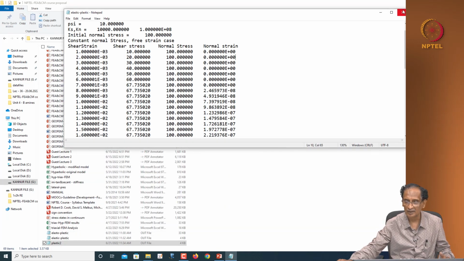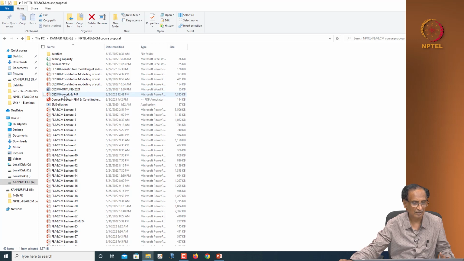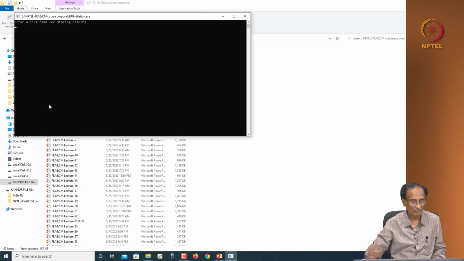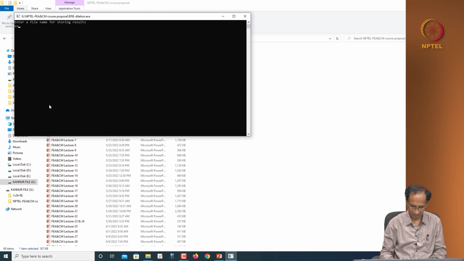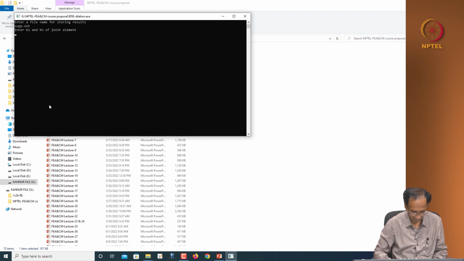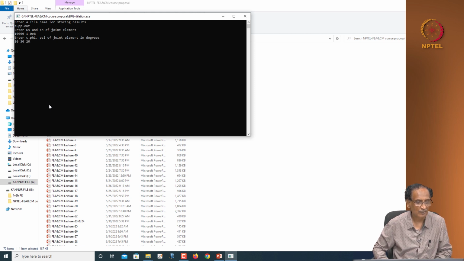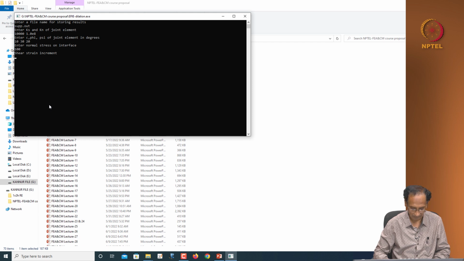Now, let us run the same program with a suppressed dilatancy. I am just calling it SUPP, and our Ks is 10,000 and our Kn is 10 to the power of 8, C of 10, phi of 30 degrees and dilation angle of 20, and the normal stress is 100 and the shear strain increment is 0.001.